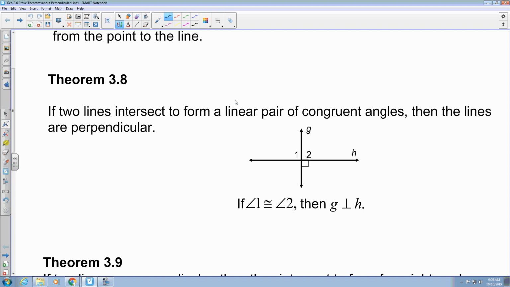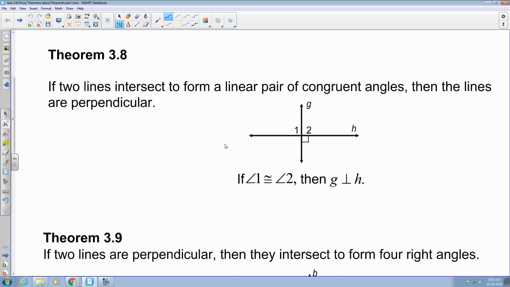Same thing goes here. We have some theorems that allow us to show that lines are perpendicular. By definition, for two lines to be perpendicular, they have to intersect at exactly a right angle, or a 90-degree angle. So we have some theorems that are going to help us out with that.